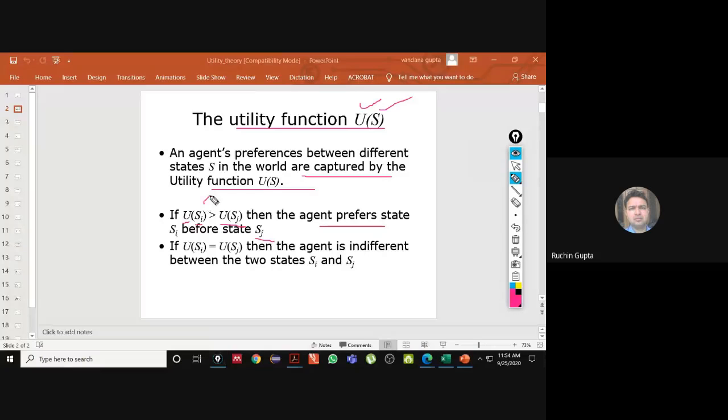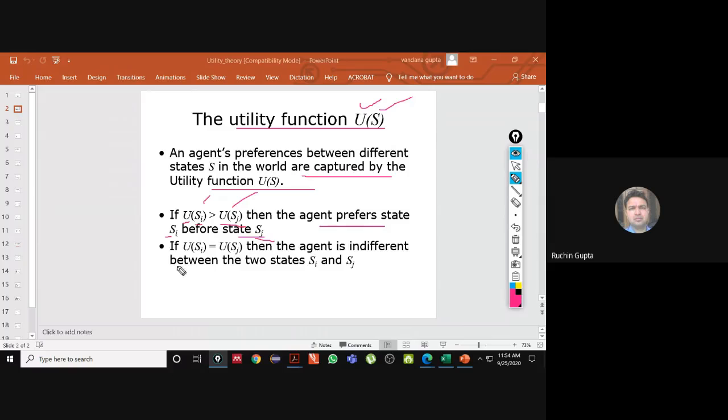If there are two options for the agent, Si and Sj, which are the two possible states the agent can move to, and the utility of state Si is greater than the utility value of Sj, then the agent will prefer to move to state Si than going to the state Sj.